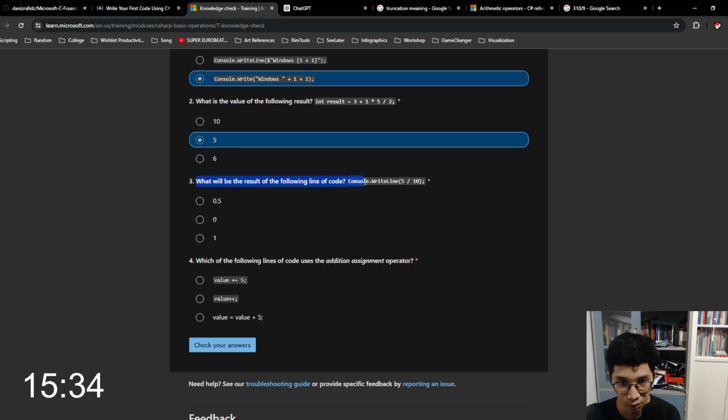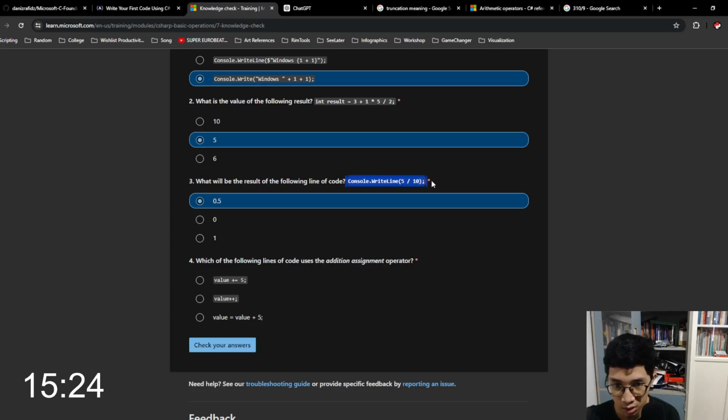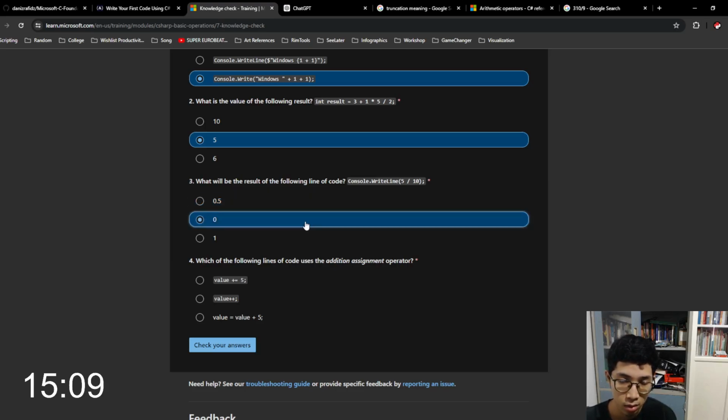What will be the result of the following line of code? Console.WriteLine, 5 divided by 10 is equal to, what is this? Is this an integer? Is this a float? It will be this. Or maybe this one.